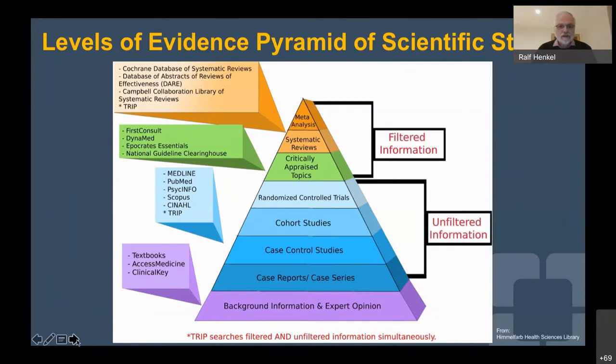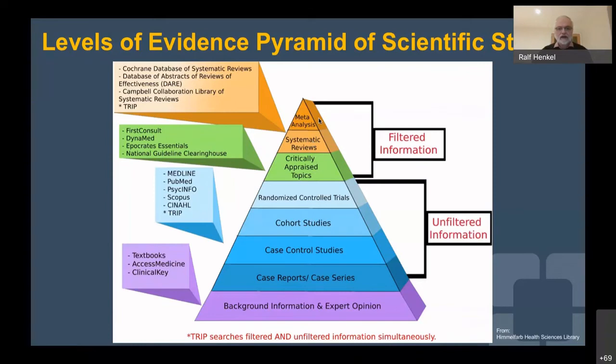We have heard a lot of meta-analysis in these presentations, but where do we have to put the meta-analysis now in the whole scenario, in the whole arena of research? If you look at this pyramid, it starts at the bottom with background information, expert opinions, and then it goes up, cohort studies, critically appraised topics, and eventually even higher, systematic reviews.